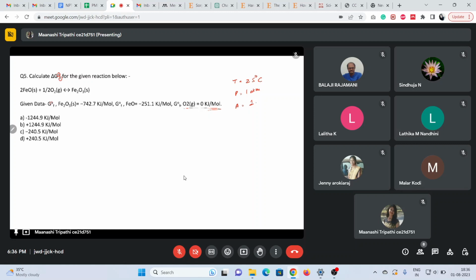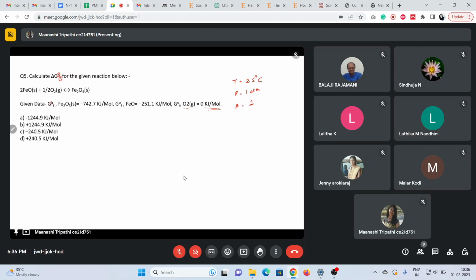We'll see the solution now. So Gibbs free energy of reaction is Gibbs free energy of formation of product minus Gibbs free energy of formation of reactant. This I am writing in short. So what is the product?